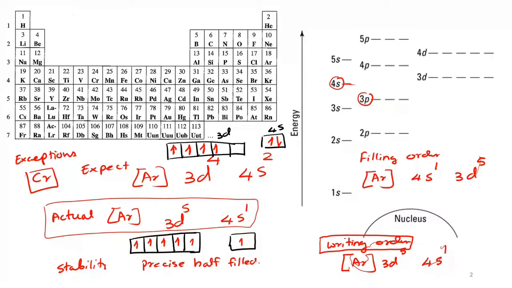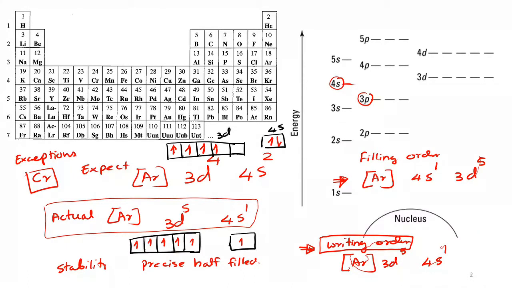So if you write it in the filling order and try to figure out which electron is going to walk out first, you might have a little problem figuring that out. That is why it is important that we practice writing it in this order, not exactly in the filling order.